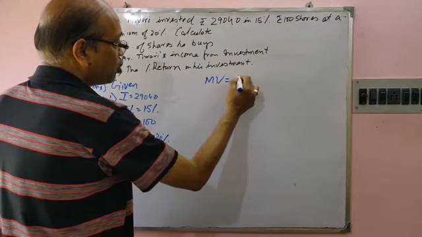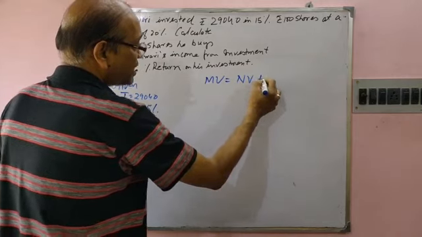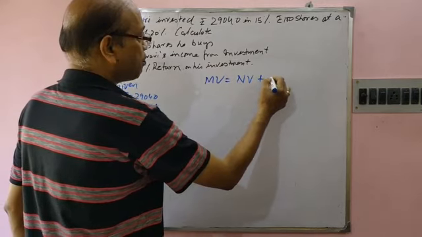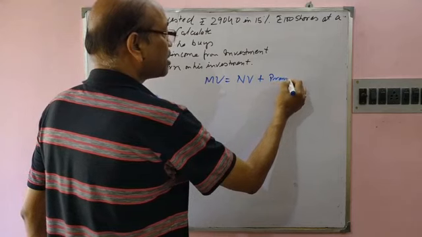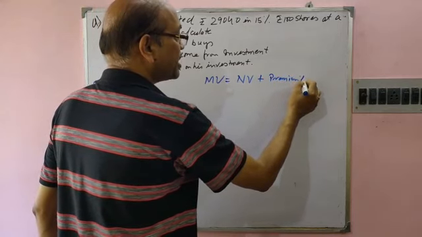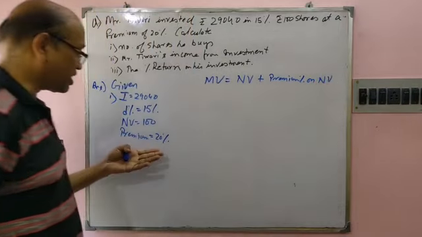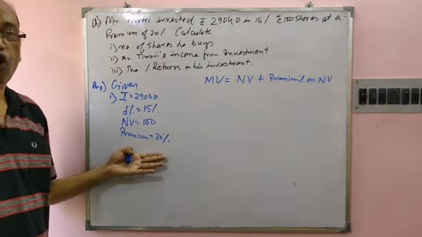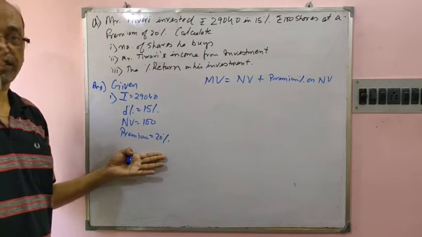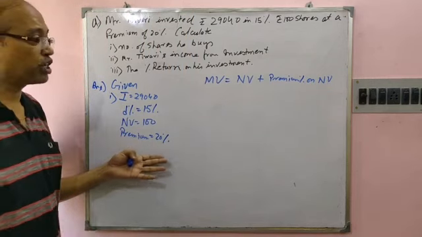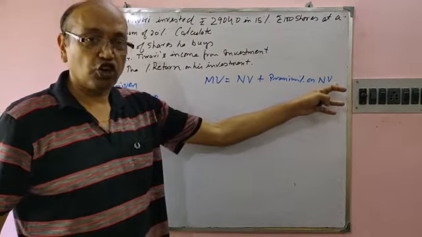Market value is nominal value plus premium percentage on nominal value. This percentage 20% will always be off something, 20% off. So it is 20% on nominal value.